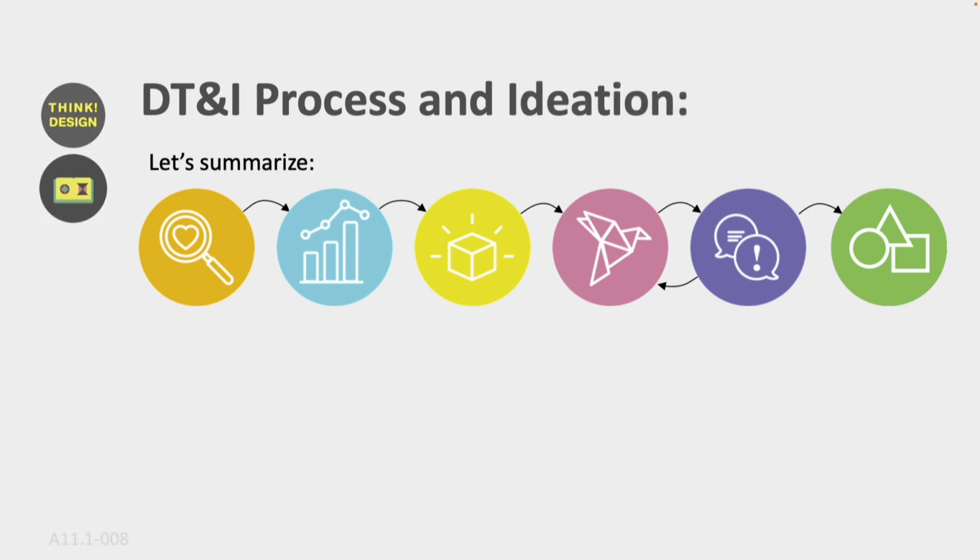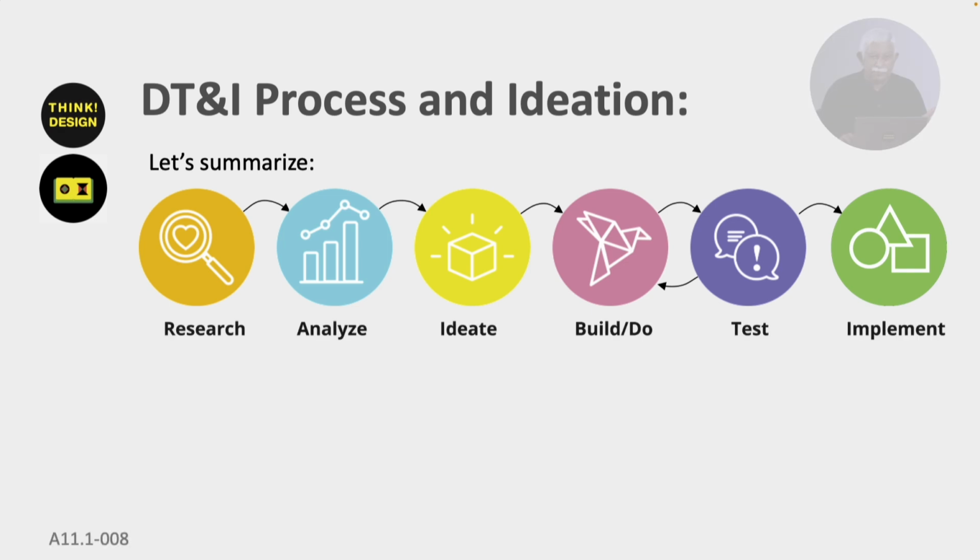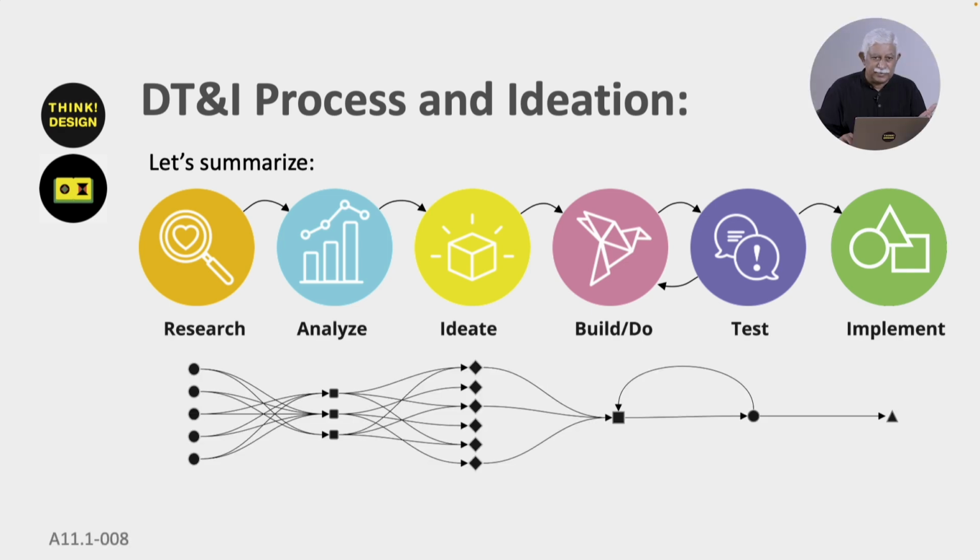If you need to summarize it, it starts with research, looking at many places to find information on the topic that you're trying to do. Through analysis, you kind of zero in on a few. And then when you start ideating, again you come out with several ideas or concepts. And then you prioritize it and take forward 1 or 2 and you make prototypes and then you test it and then implement it.